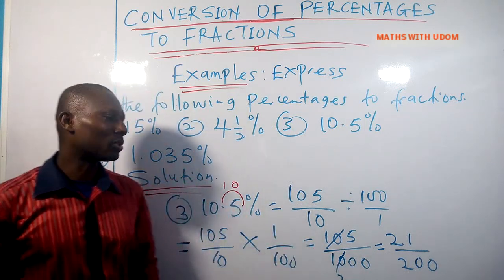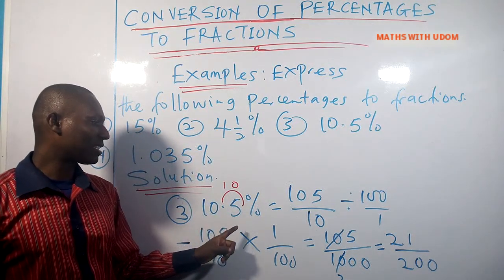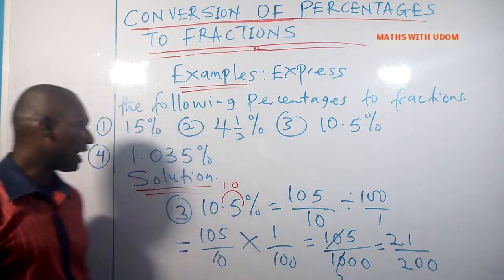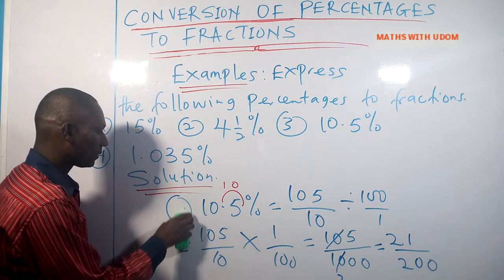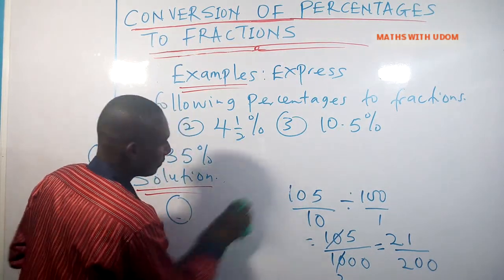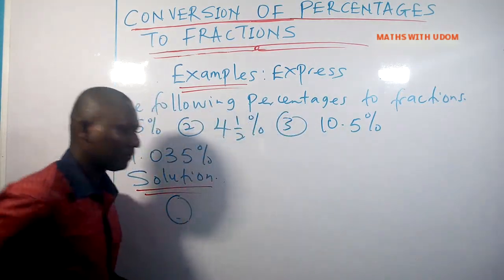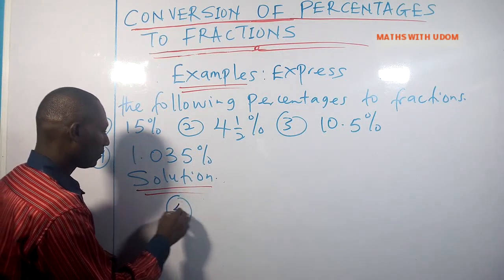21 divided by 200. So we have succeeded in converting 105% to what? To fraction. Okay? And let's move to our last example for today, example 4. What do we have?